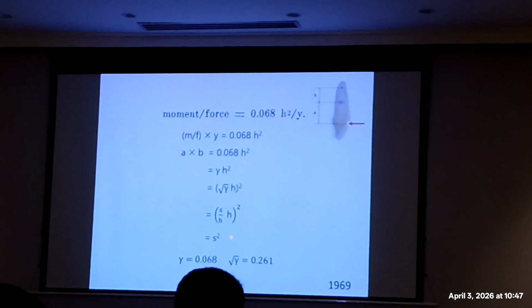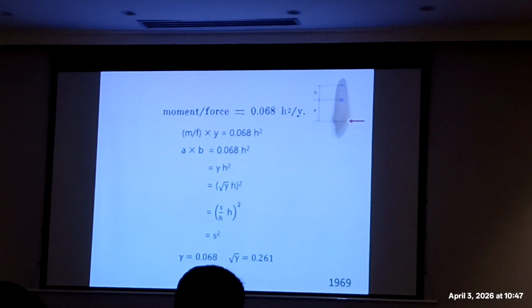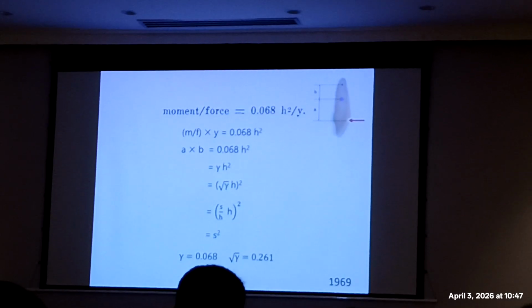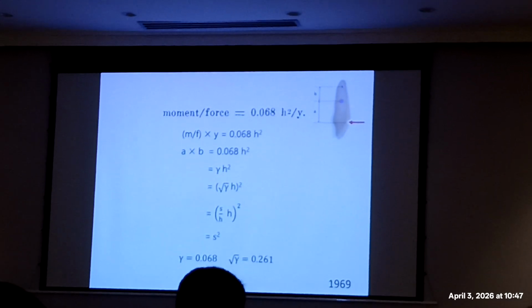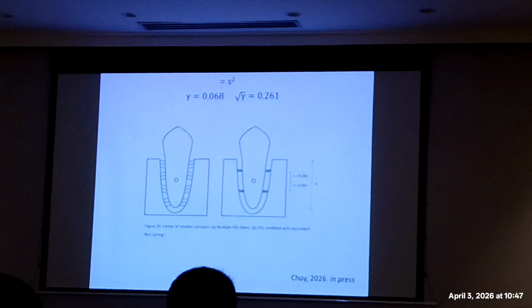That means this is constant: A times B is constant for a given tooth. So this is what A and B are. If A times B is constant and we know B, A is automatically determined. If we know A, B is automatically determined, because h squared is already known. So this is what A and B mean.